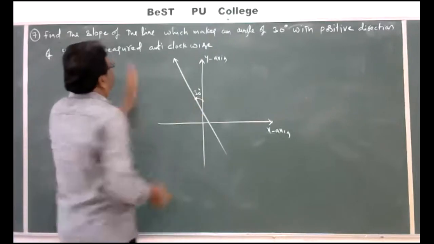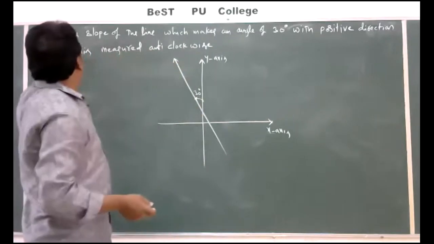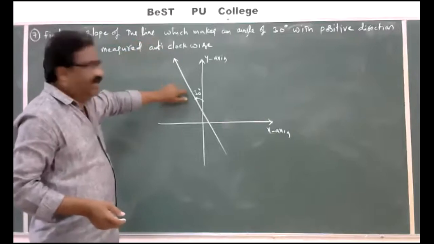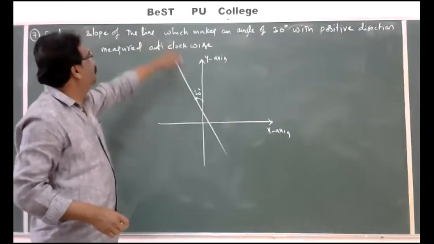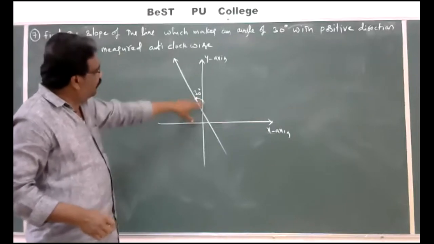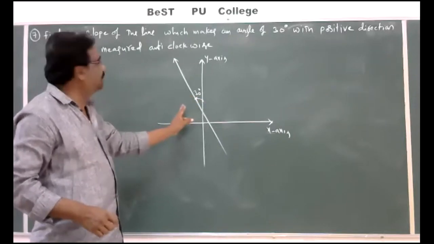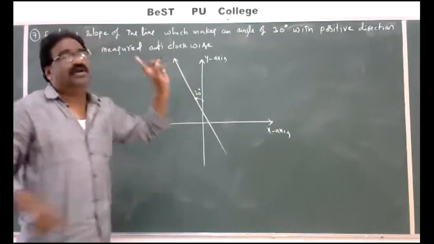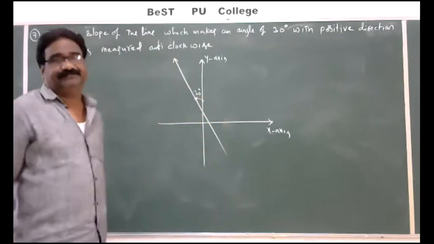This is the required line. So find the slope of the line. We want to find the slope of this line which makes an angle of 30 degrees with the positive direction, meaning anti-clockwise direction, with the y-axis, not with the x-axis.